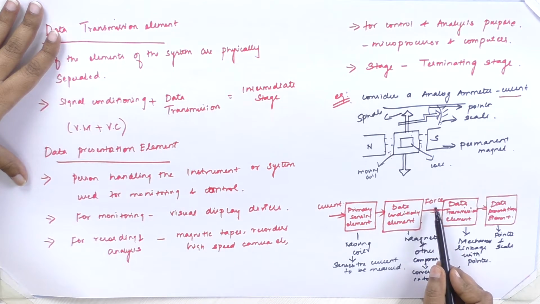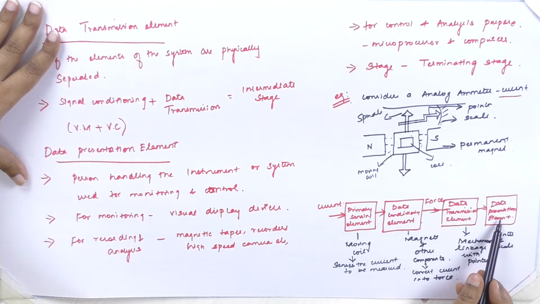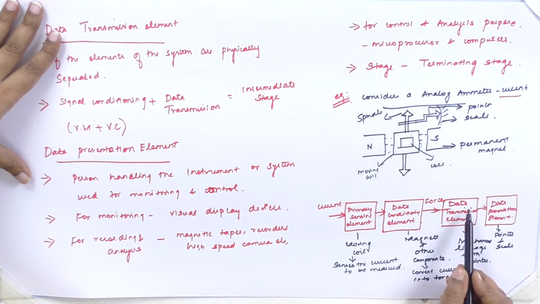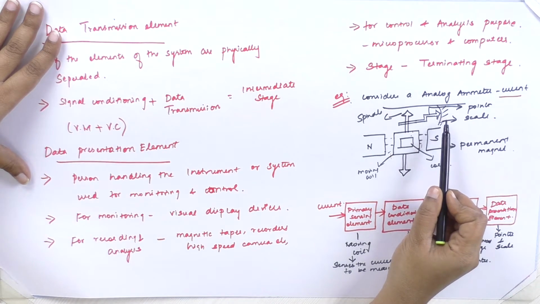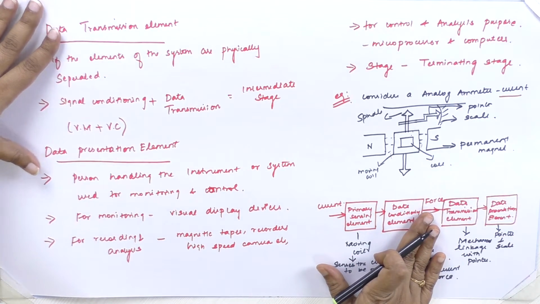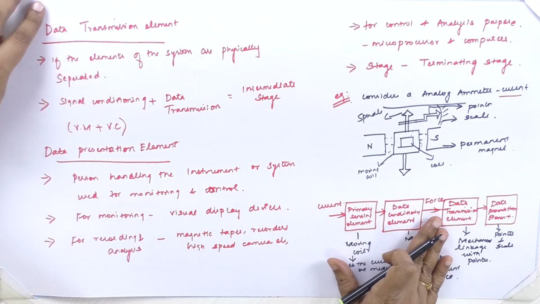Again, the force, which is equal to the amount of current, will be transmitted to the pointer through a mechanical linkage. So, that acts as a data transmission element, and finally the data is presented with the help of the pointer and the scale. So, it acts as a data presentation element. So, this is an example of a generalized block diagram of an analog ammeter.